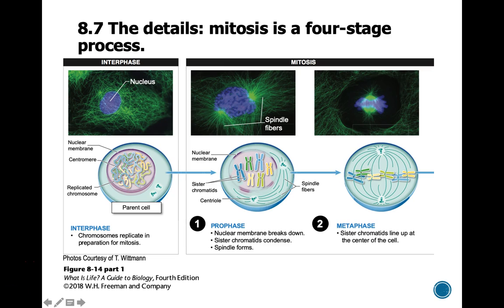At this point, we've finished S phase, so we have replicated chromosomes. You can see those here with centromeres. So our sister chromatids are connected at the centromere there. The main thing in interphase is that these chromosomes have replicated. Of course, there's other things going on that's important, but as far as mitosis is concerned, replication is what's most important.